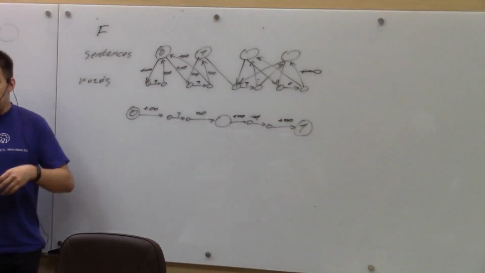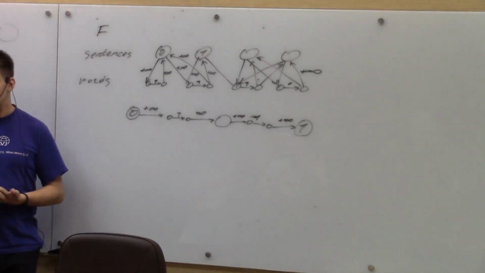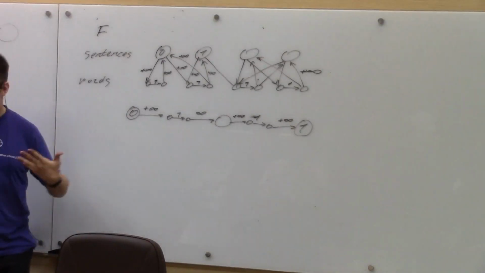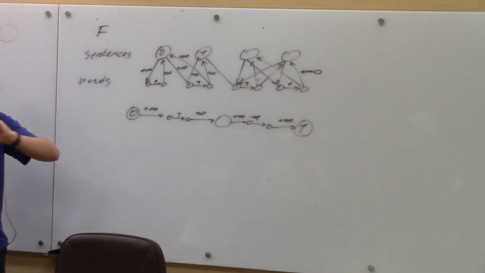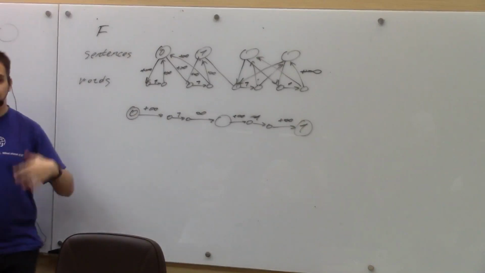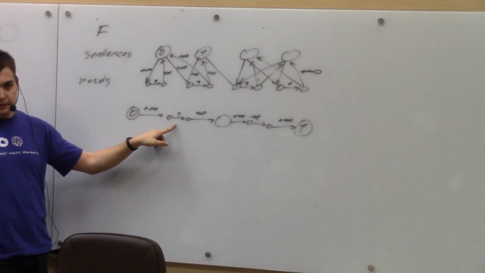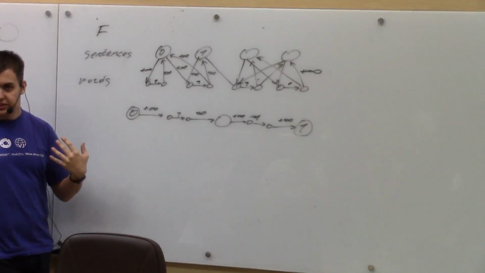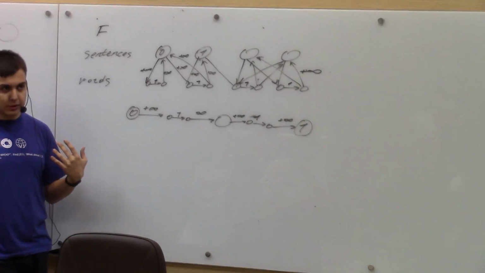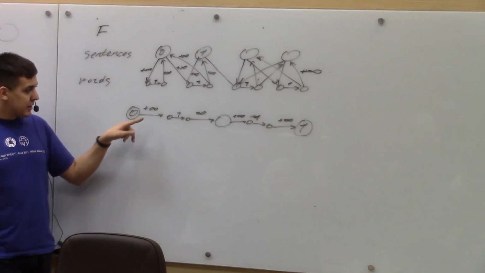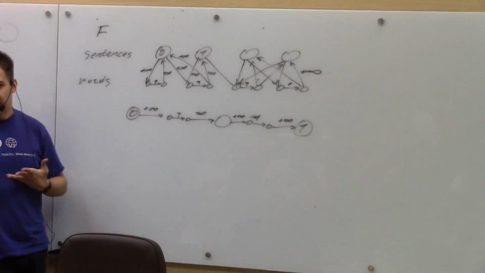Well, if we find the maximum flow, or the minimum cut, this means there is no path from 0 to 1. This means that for each path, there is at least one edge that is completely saturated. Well, these infinite edges cannot be saturated.